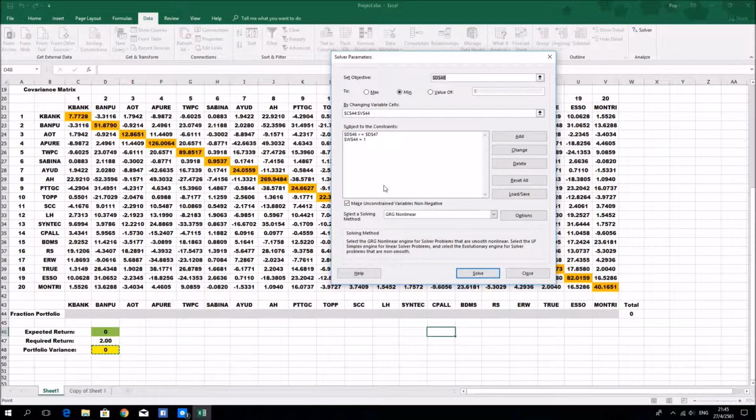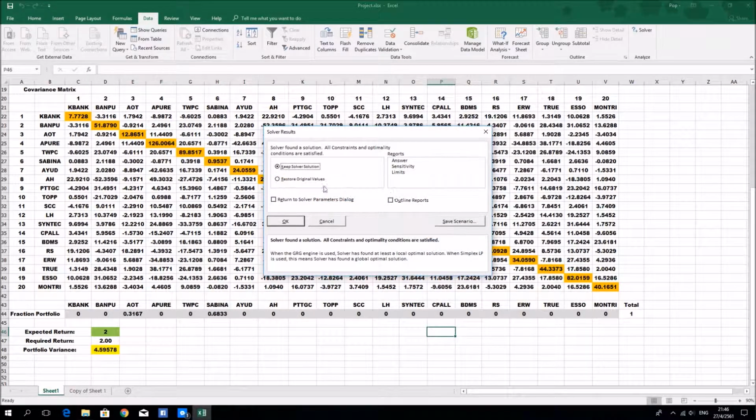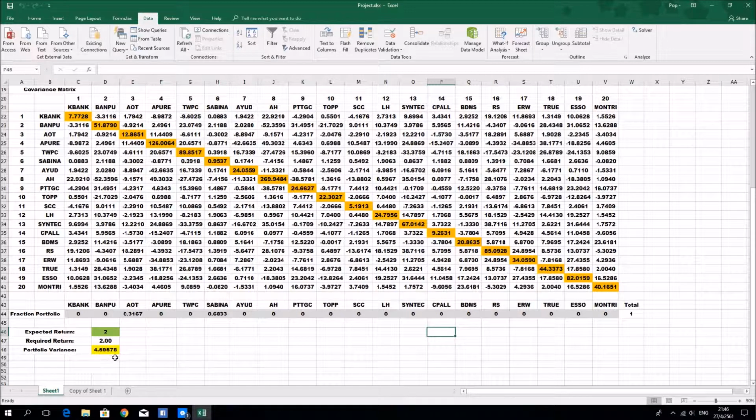And now our solver is set. We just hit solve. Then we get the answer of 4.595 as our variance.